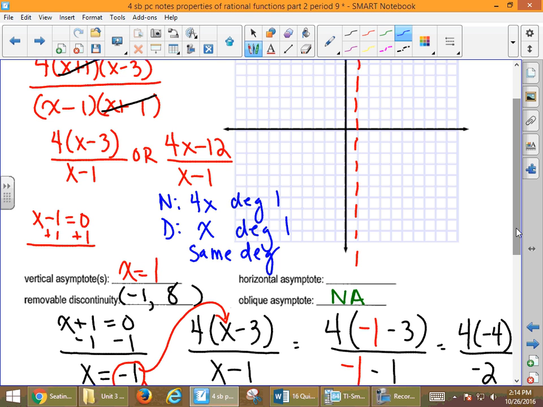And our horizontal is going to be at y equals the number in front of the x on top, which is 4, over the number in front of the x in the bottom, which is 1. It's going to be at y equals 4.